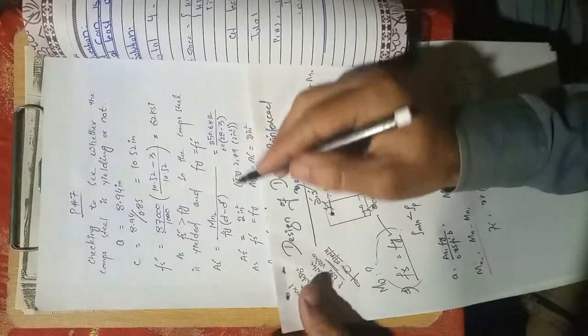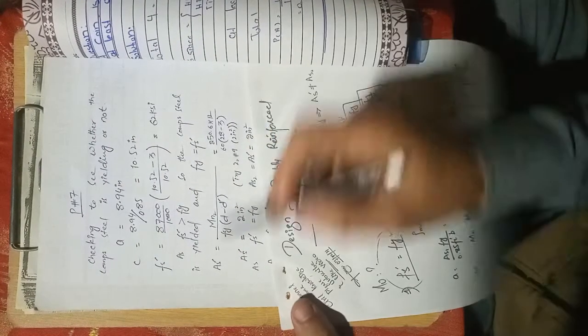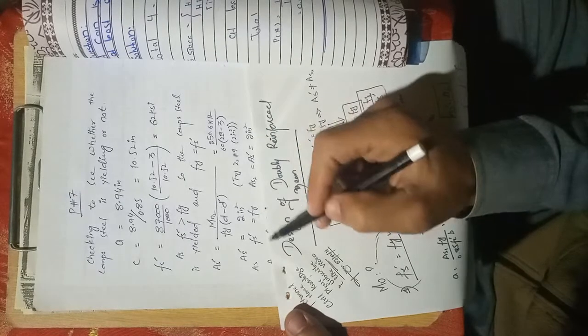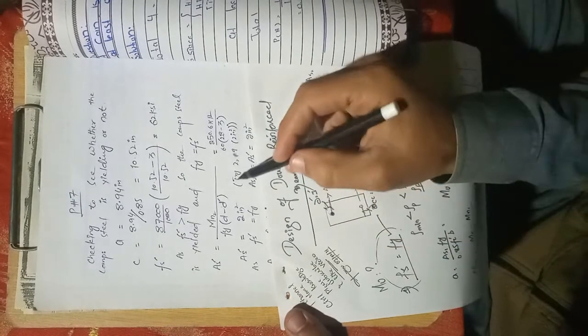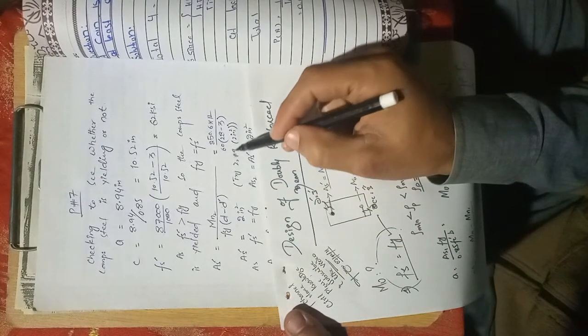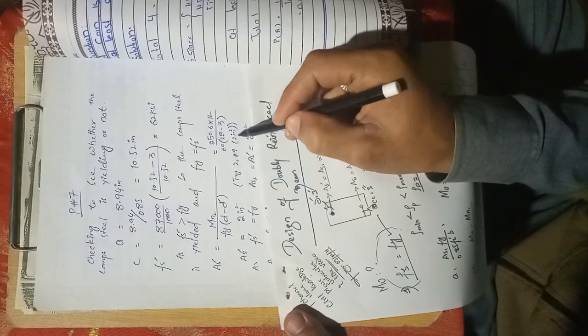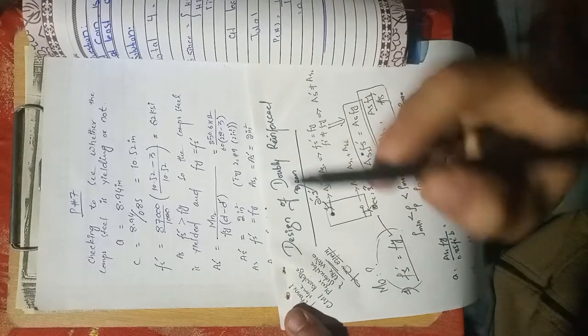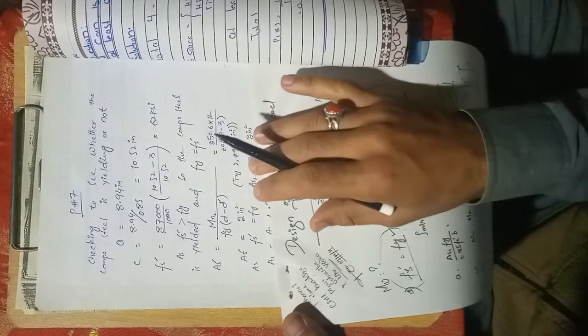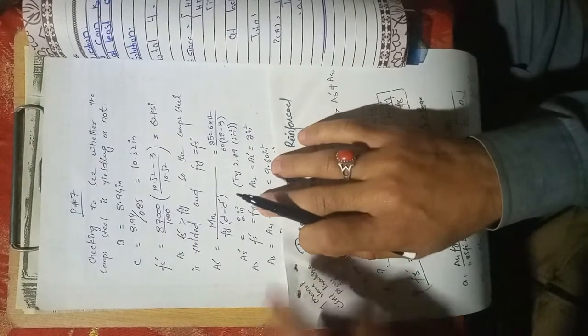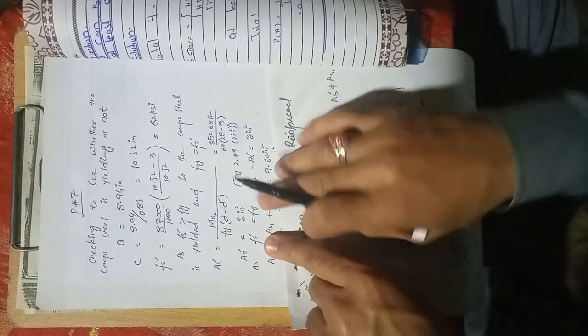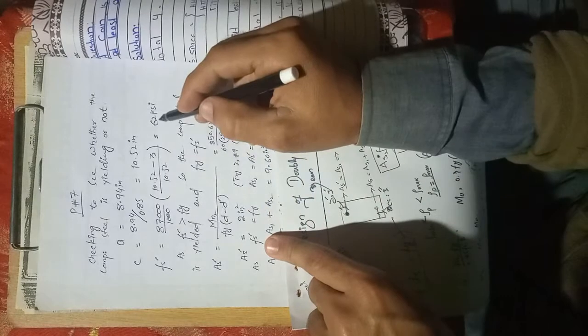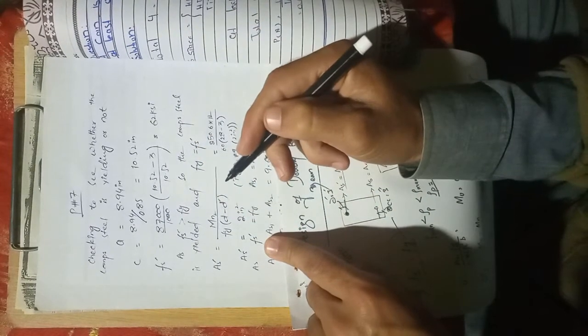So now we calculate the As prime value, which is 2 square inches. For 2 square inches, we will use 2 number 9 bars, which give exactly 2 square inches. Now, as we know, Fs prime equals Fy. Remember, this is very important. Somebody may ask that this is 62 and Fy is 60, so how can we say this is the same?